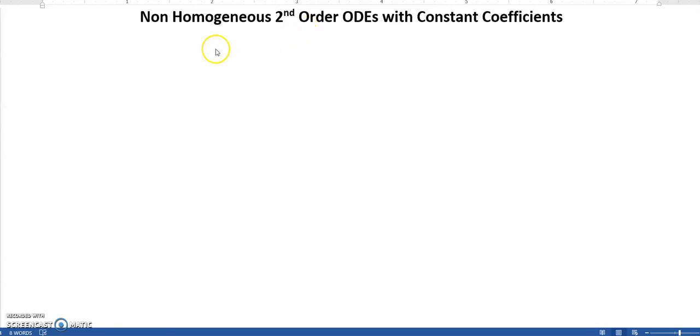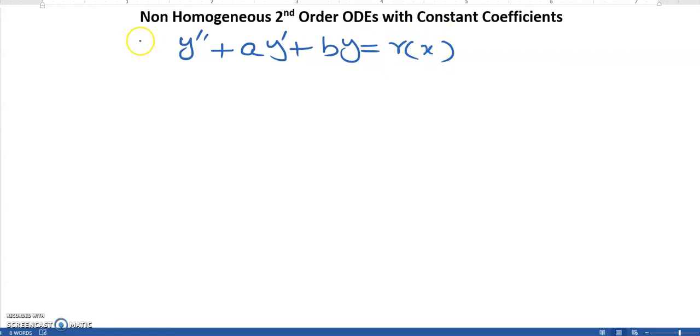The non-homogeneous equations are something like this, for example, second order y double prime plus a y prime plus b y is equal to some function r of x. So we have to find the solution.